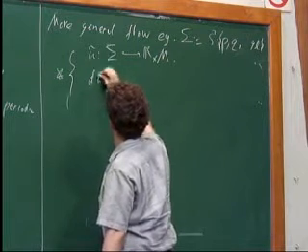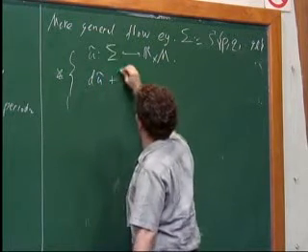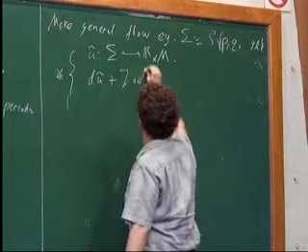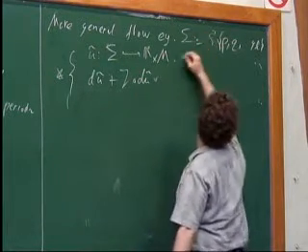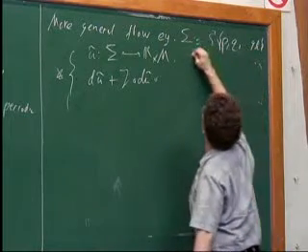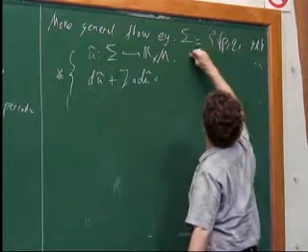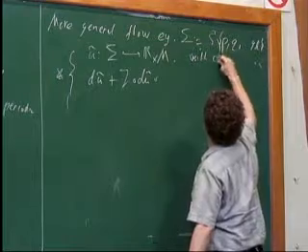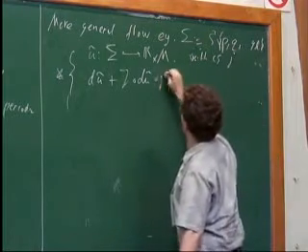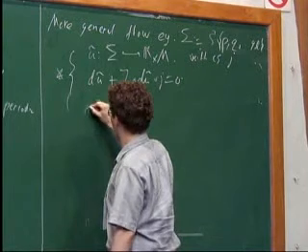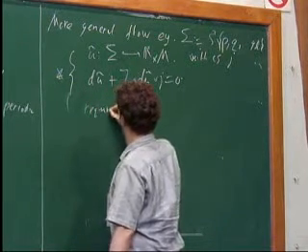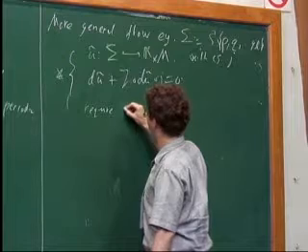It should still be a holomorphic curve, so it should satisfy this equation, with a complex structure, small j. And well, we require similar convergence as before.